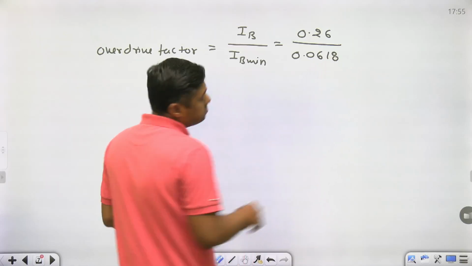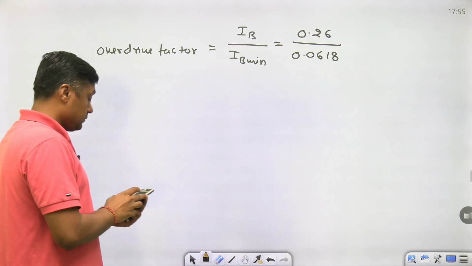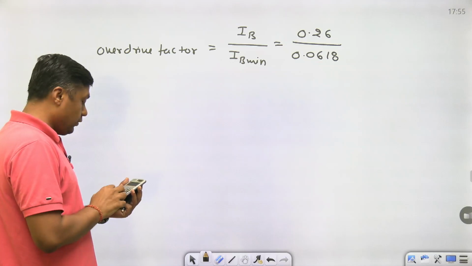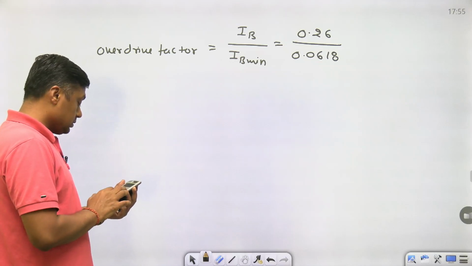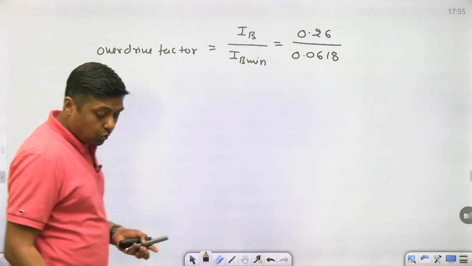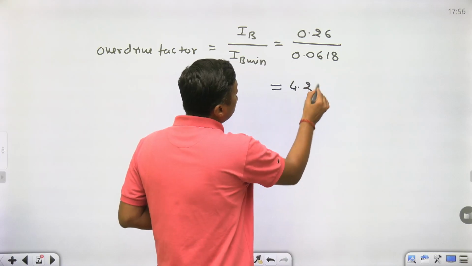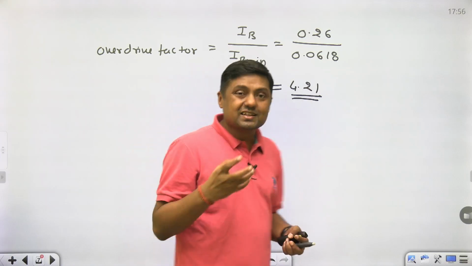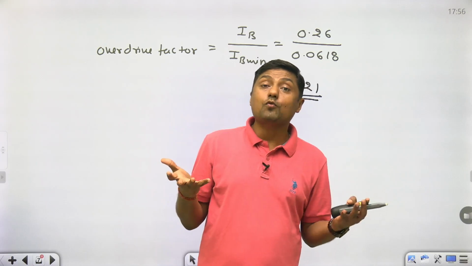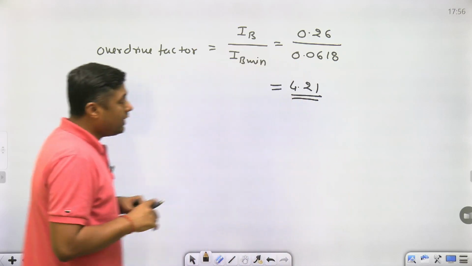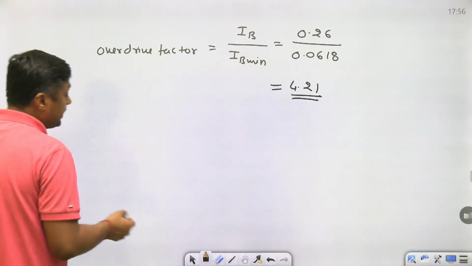So this is called what? Overdrive factor. So is 4.21. So how much time? 4.21 times. The actual base current is 4.21 times of what? Required current. Means transistor is well in saturation. Right? Well in saturation means over saturated.